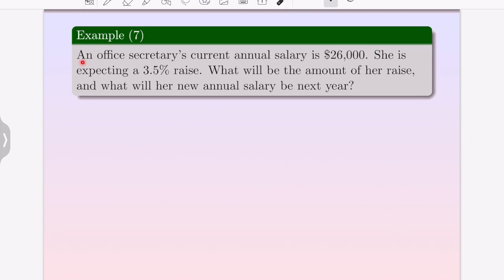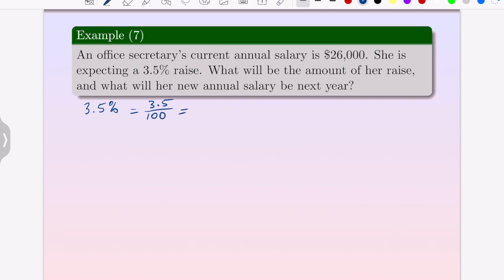Example 7, an office secretary's current annual salary is $26,000. She is expecting a 3.5% raise. What will be the amount of her raise, and what will her new annual salary be next year? So first we change the 3.5% to decimal. So this is 3.5 out of 100.